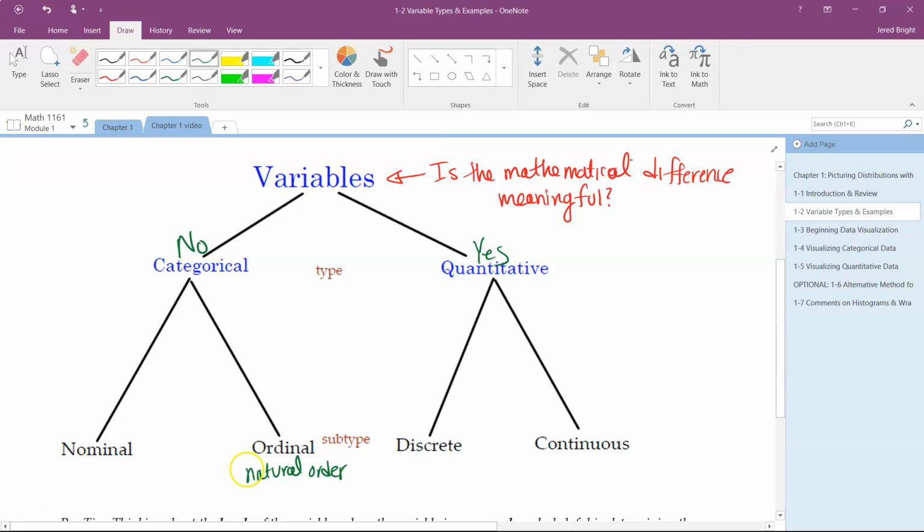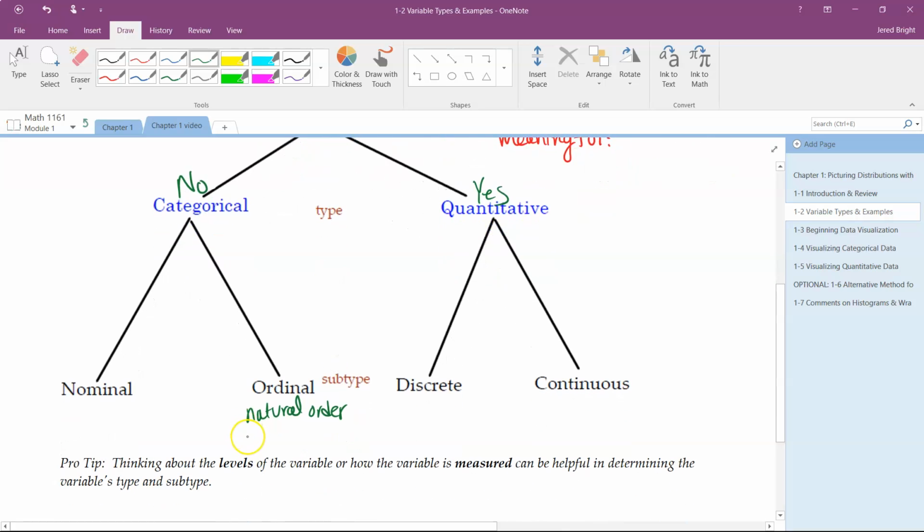You could also say something like the Likert scale. If you're not familiar with it, that's the scale that you see on every survey: strongly agree, agree, neutral, disagree, strongly disagree. It's a ranking of preference or likeness. Those are all ordinal variables.